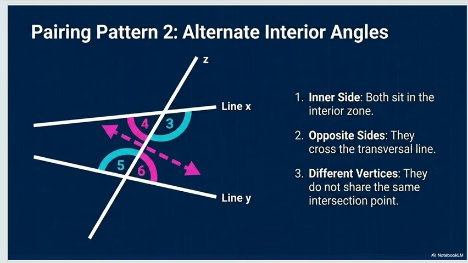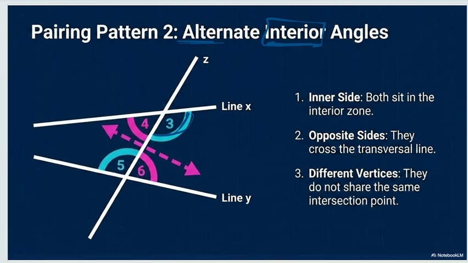So here we are using the interior angles. In the name alternate interior angle, there is the word interior, which means the inner side angle. Alternate means opposite. So angle 3 is an interior angle, and alternate means the angle that lies on the other side of the transversal line.